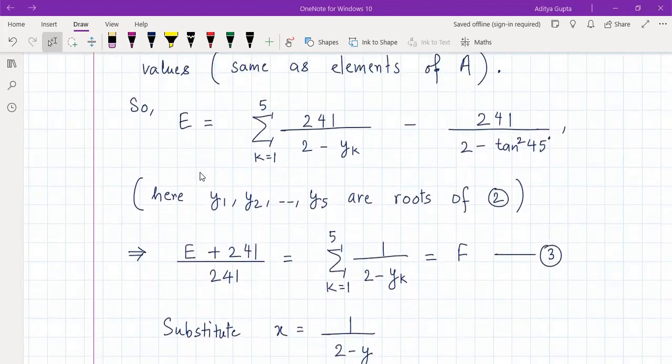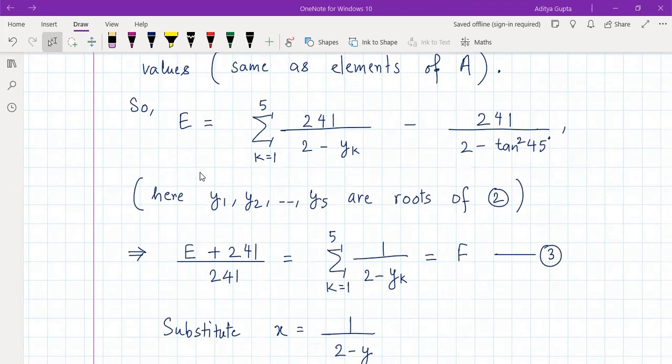Now clearly the value of tan square 45 is 1, right? So we have transposed that 241 to the left hand side, and we have also divided the equation by 241. Just very basic manipulation and algebra. So E plus 241 upon 241 is equal to this particular sum, which we are calling F, right? Now we are using a very important technique.